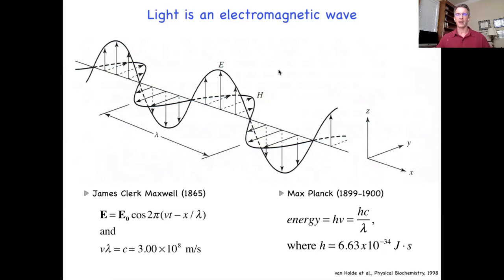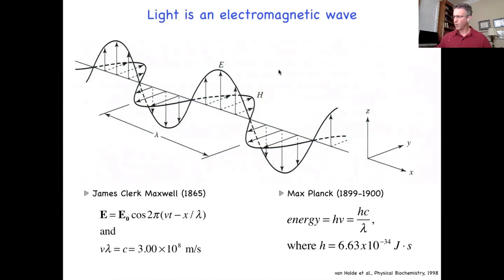Under some circumstances they behave beautifully like waves, and in other circumstances much more like particles, photons. To really explain the phenomenon of light, you have to incorporate the idea that electromagnetic phenomena have characteristics of both, right?